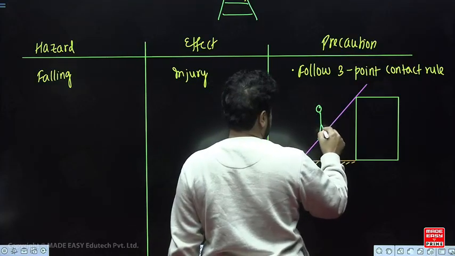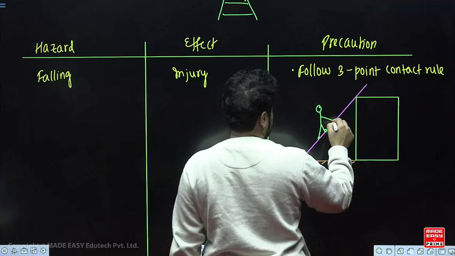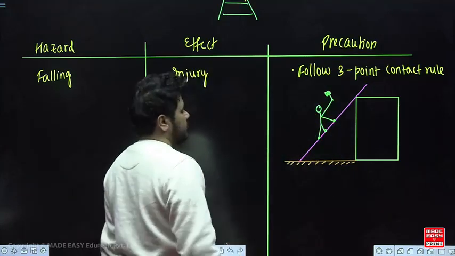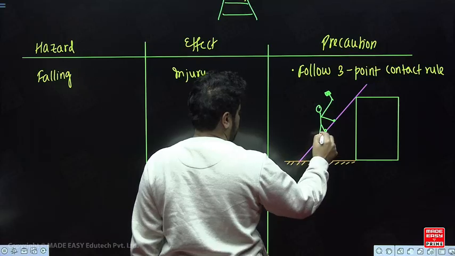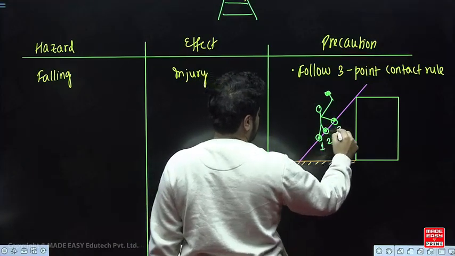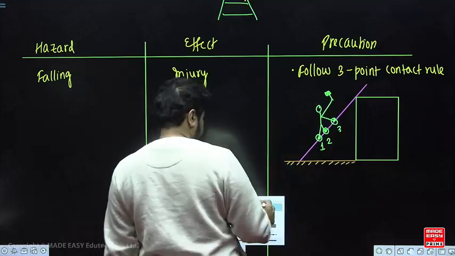One leg here, second leg here, hand, correct? So this is your 1st point, this is 2nd point, and this is 3rd point. 1, 2, 3, correct?